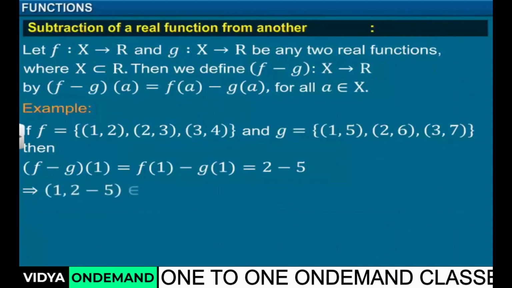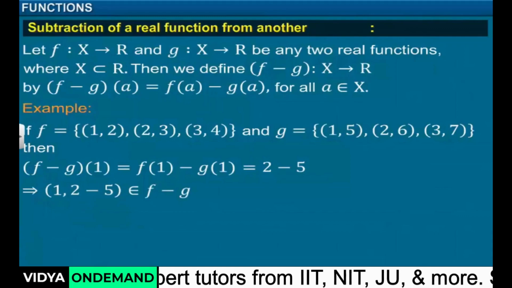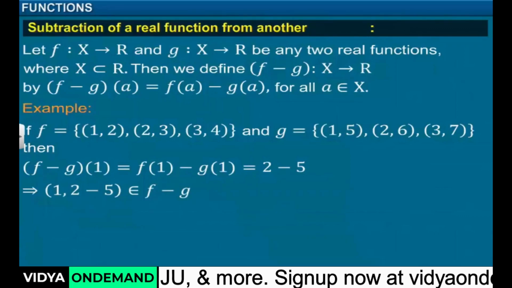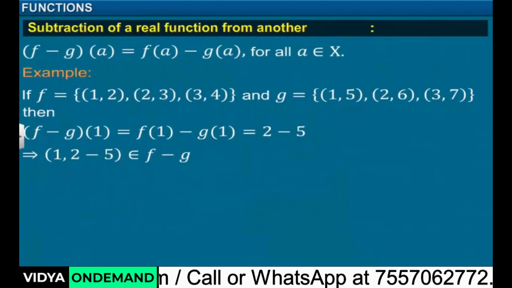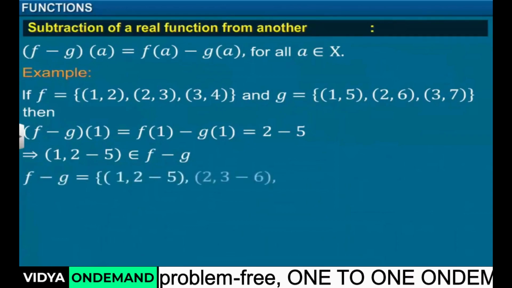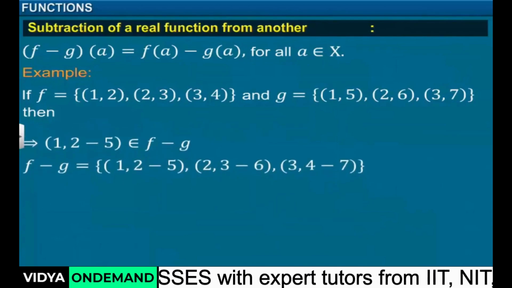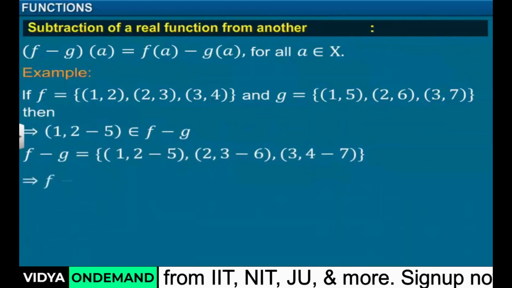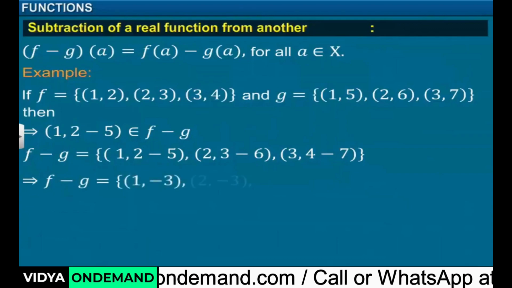Similarly, you can get 2 more ordered pairs. Hence, f minus g has 3 ordered pairs: (1, minus 3), (2, minus 3), (3, minus 3).